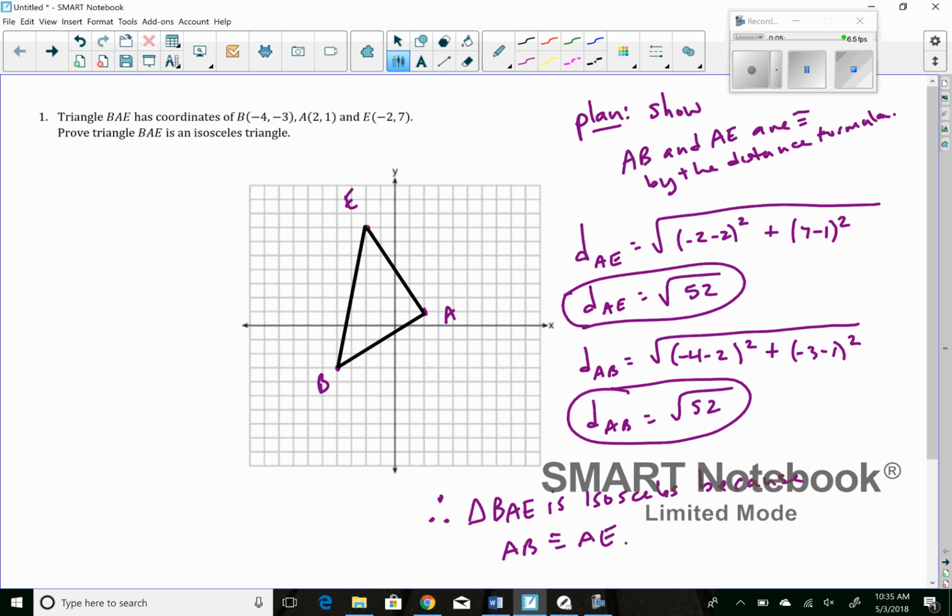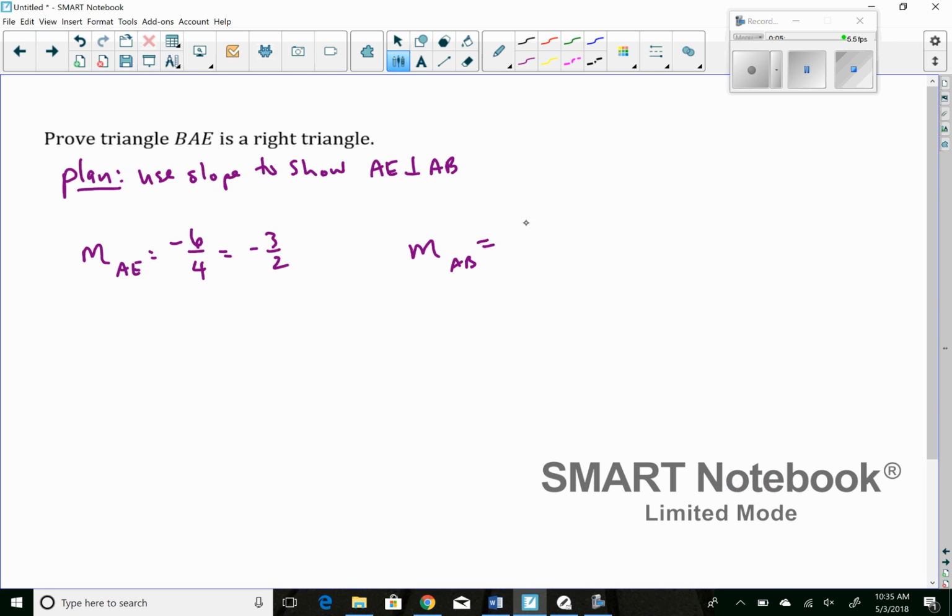From A to B, I'm going up 4 to the right 6. So then I'm going to have a slope of 4 over 6 positive, which reduces to positive 2 over 3. I then notice these two slopes are negative reciprocals. Because they're negative reciprocals, I now know that these segments are perpendicular, forming a right angle.